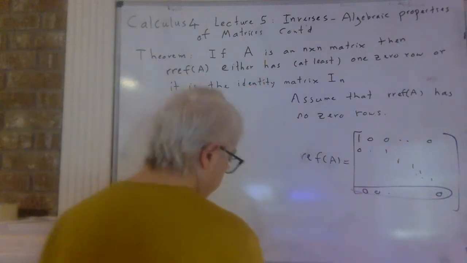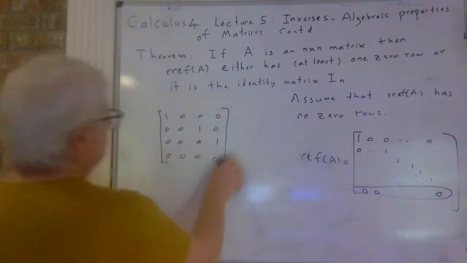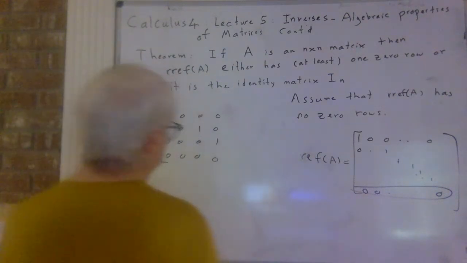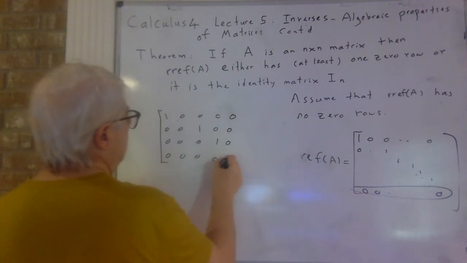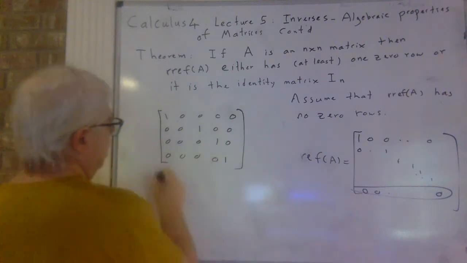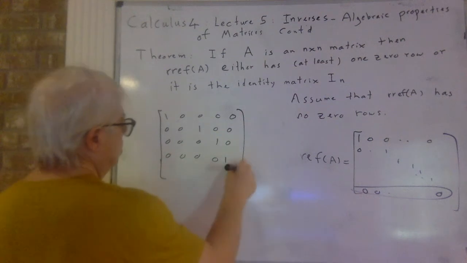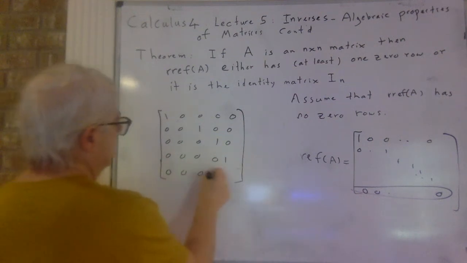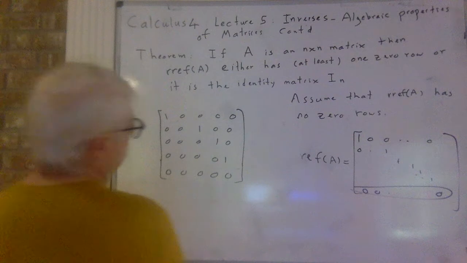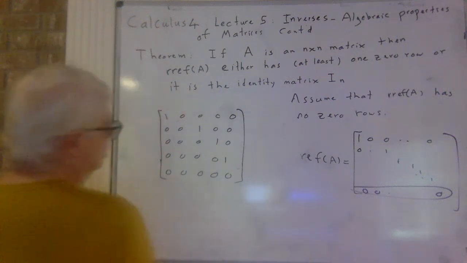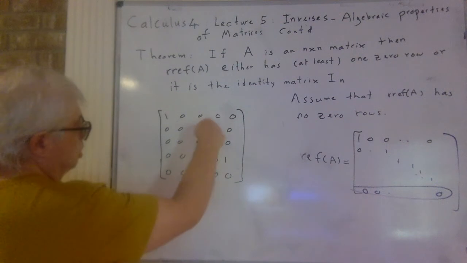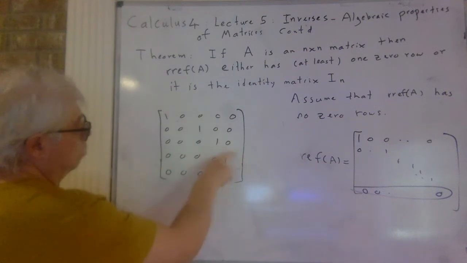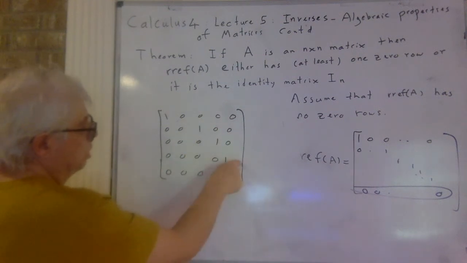Now, if I had like 5 by 5, then this will be 0 0 0, and the 1 can be here, right? And the last row will be all zeros. Okay, so if I just move this one to this position, then I will have boom, boom, boom, boom, boom. These are the ones end up here.